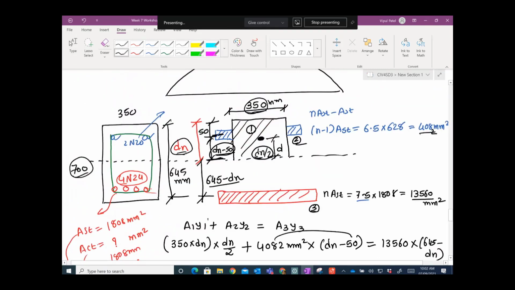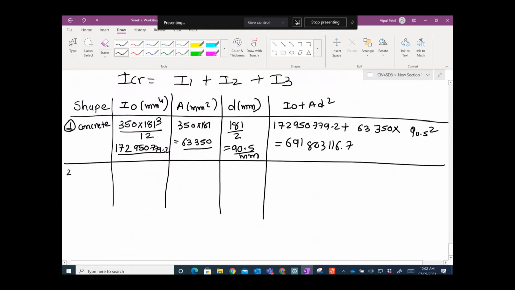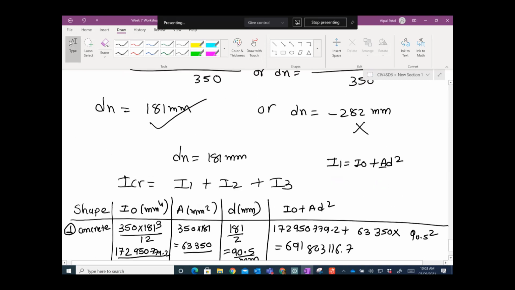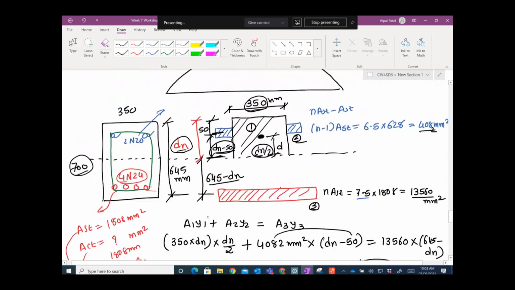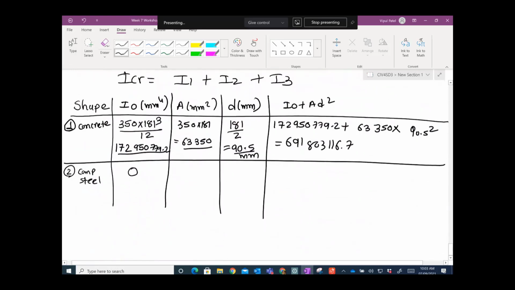Let's do the second part, which is the concrete in compression. So let's say the second shape, compression steel. Let's say it's not steel, it's concrete, but let's represent it as steel. Look there, the area is very small, the BD cubed over 12, so we are not taking it into account compared to the concrete one, so we take it as 0.